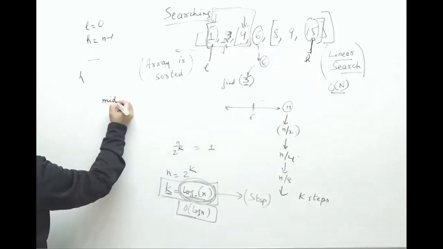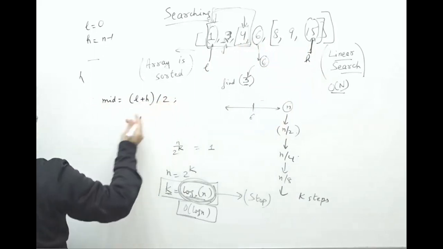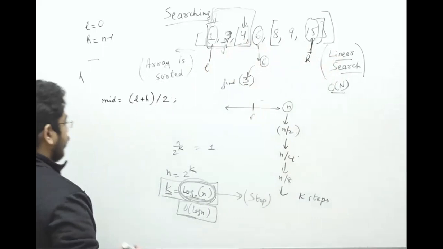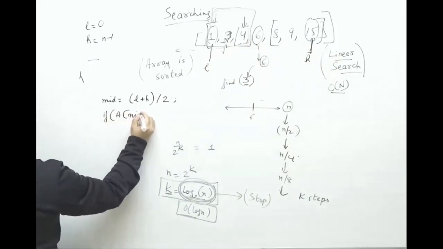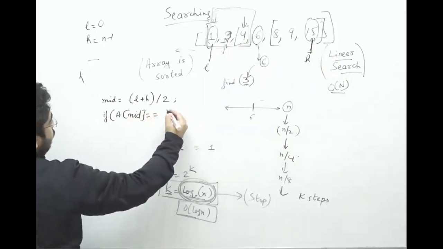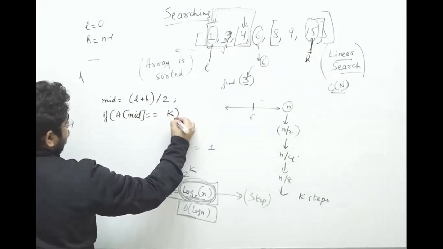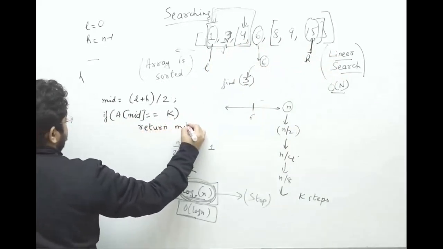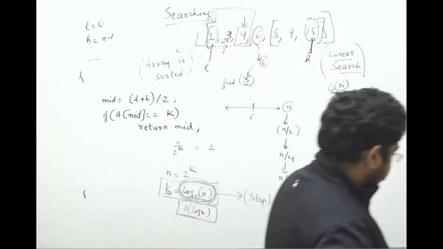So mid equal to (L plus H) by 2. Find the middle, (L plus H) by 2. Then if A of mid is the element that you need to find, let's call it K for now, then you just return mid, right?